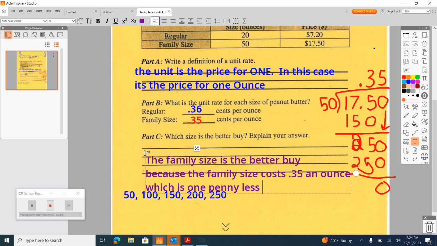A cent is a penny. It is 1 penny or cent less an ounce than the regular, which is 0.36 or 36 cents an ounce.